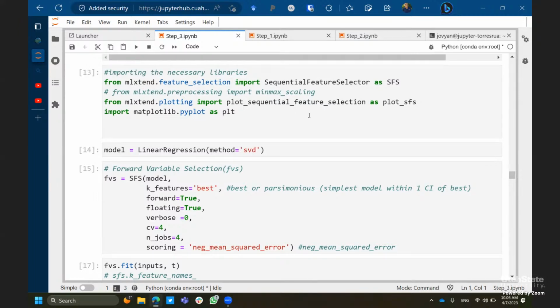The first one is what is called the forward variable selection, FVS. What does it mean, the forward variable selection?